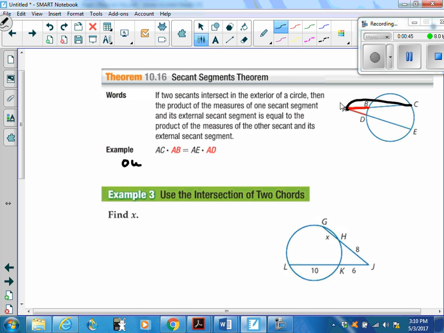So I have an outside segment, and I'll call that outside 1, times the whole segment of 1 equals the outside of the second segment times the whole of the second segment.